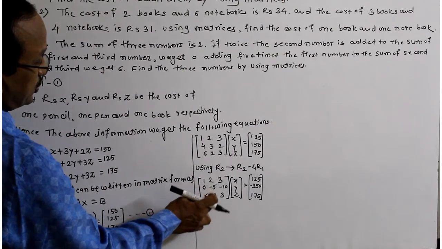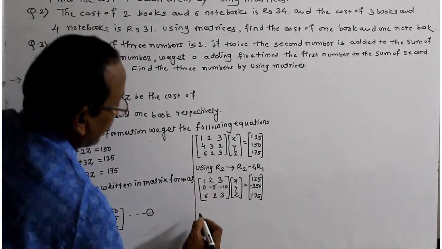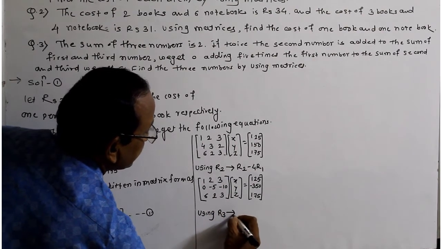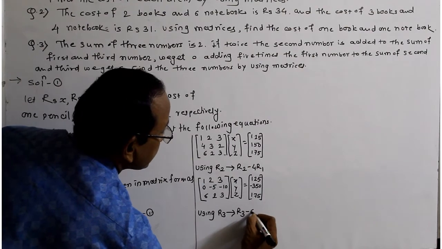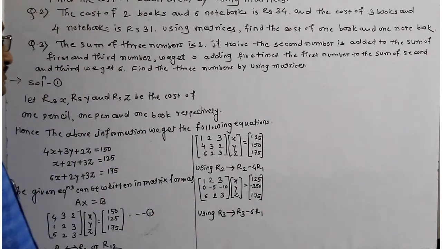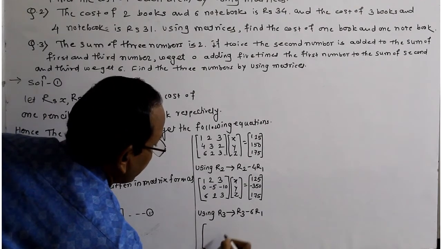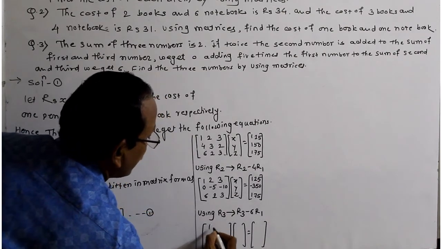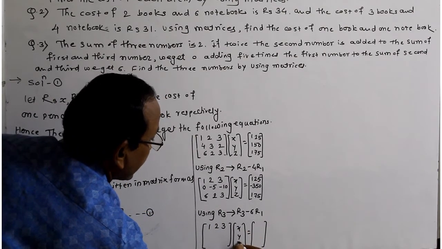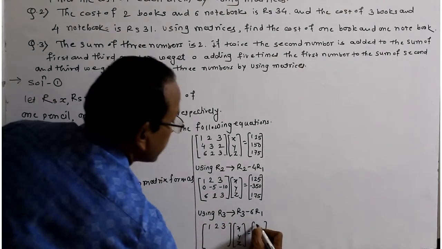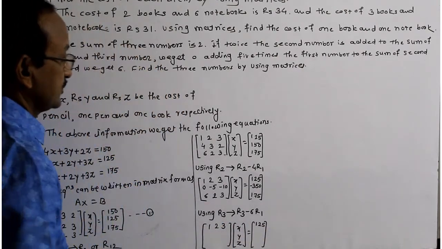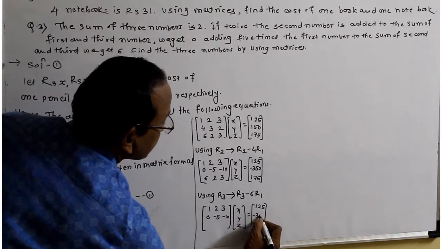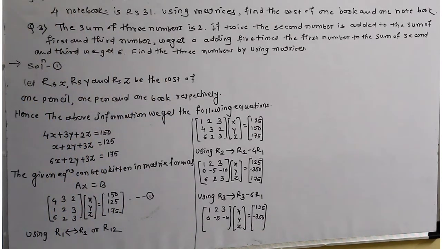Now to obtain the zero here, we use the operation R3 implies R3 minus 6 times R1. So now operate here: 1 2 3, x y z, then 125, then 0 minus 5 minus 10 minus 350.